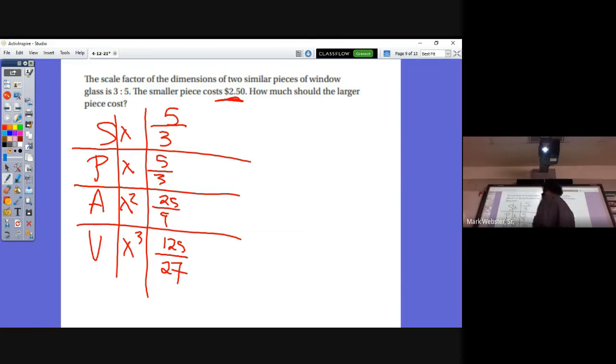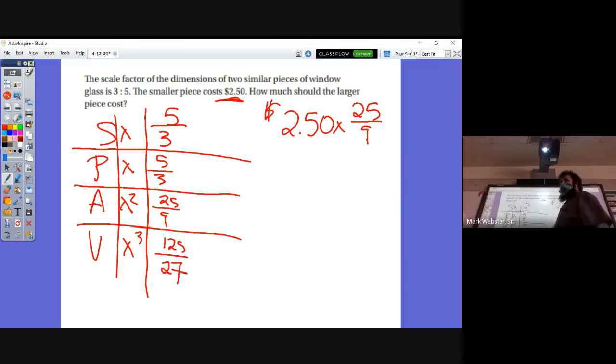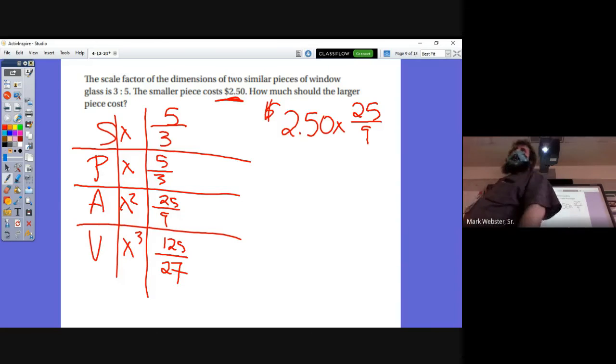So this $2.50 piece of glass is now bigger by a factor of 25/9 for the area, right? Because we've grown it in one dimension and we've grown it in another dimension, right?